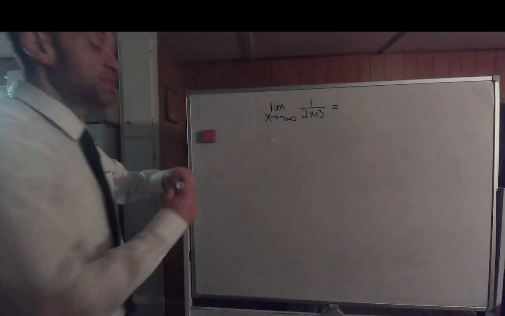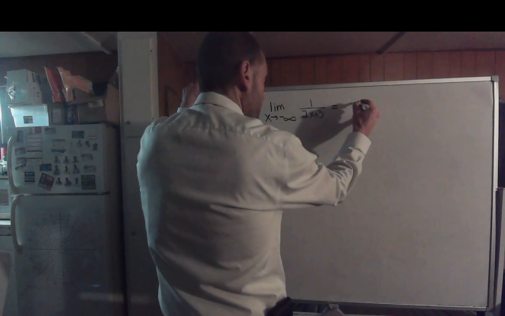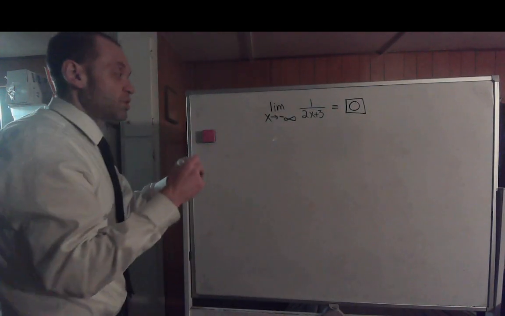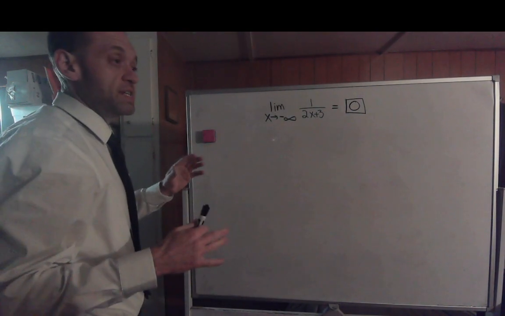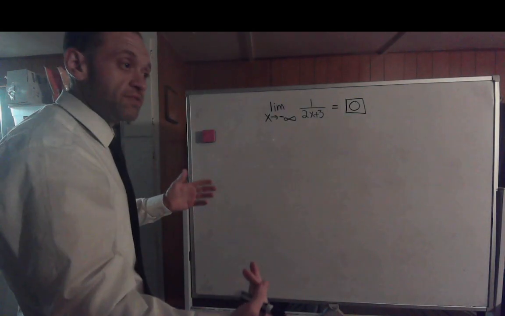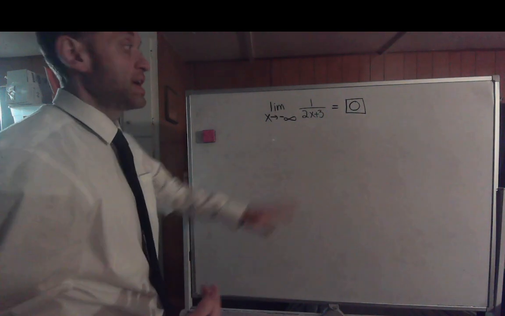So the limit in this case would also be 0. So if the degree of the numerator is less than that of the denominator, whether you're taking the limit as x approaches positive infinity or negative infinity, the answer is always 0.